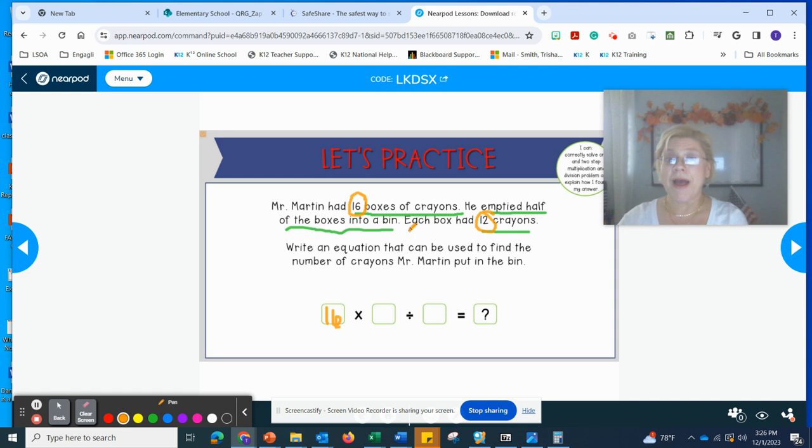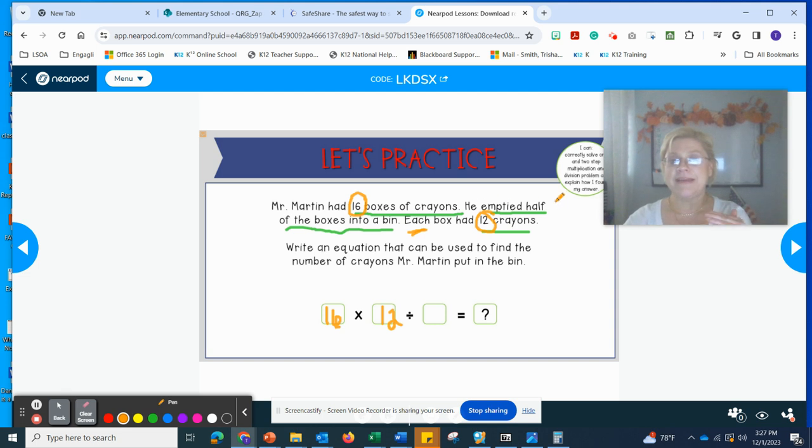And remember that each is a key word when we are multiplying, because each means equal groups. So each means to multiply. So if we have each and then 12, we can put the 12 right here. So 16 times 12, that goes right here.